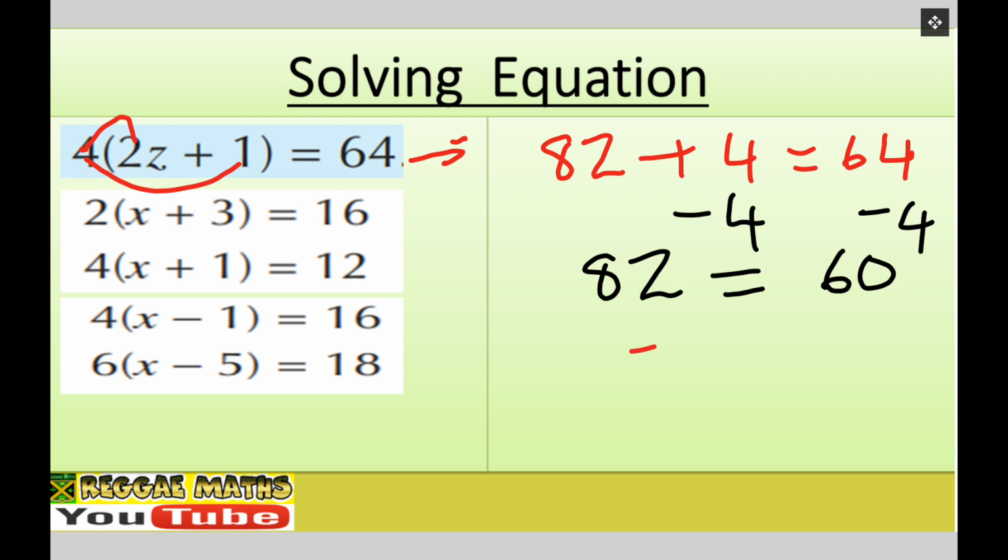So divide by 8. So z equals 60 divided by 8. z equals 7.5.